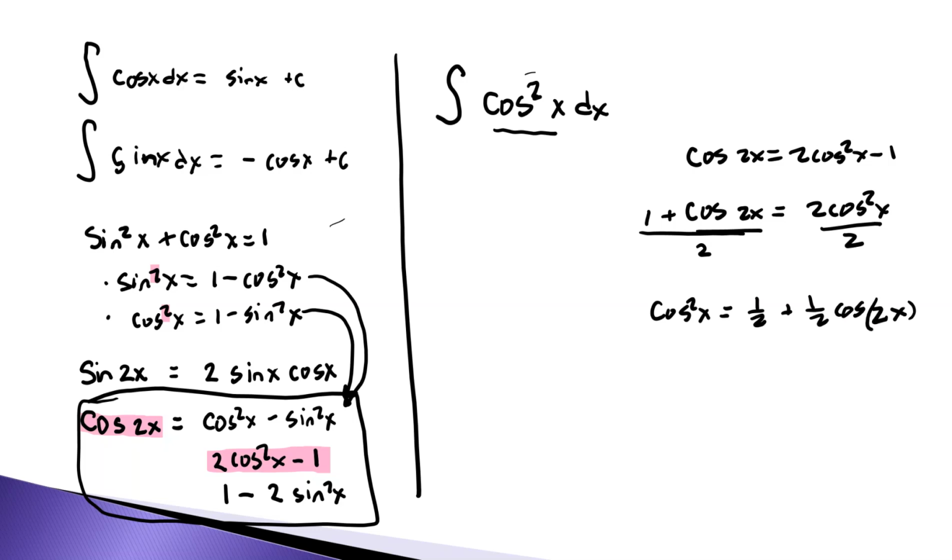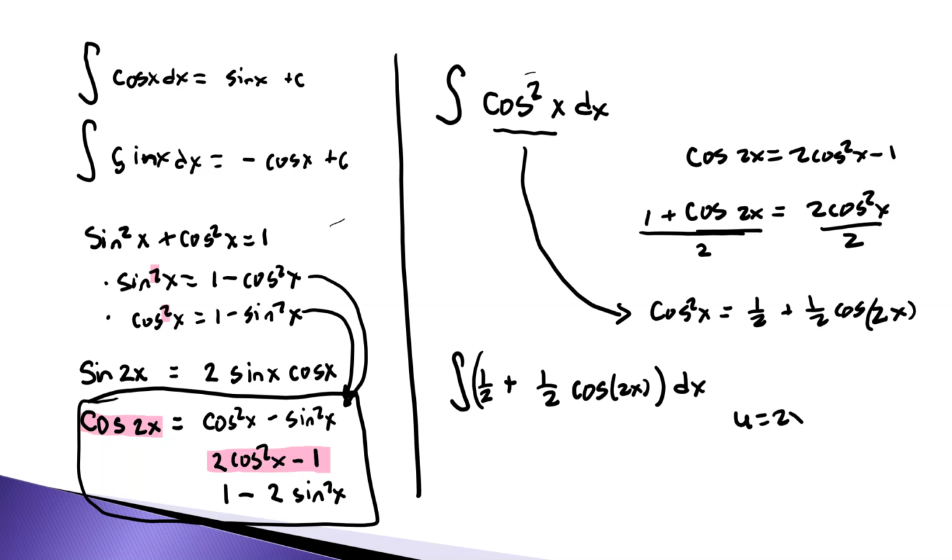And that we know how to integrate. So this integral becomes that because of identities: the integral of 1/2 plus 1/2 cosine 2x dx. I can let u be 2x. du will be the derivative of 2x, which is 2, so 2 dx.